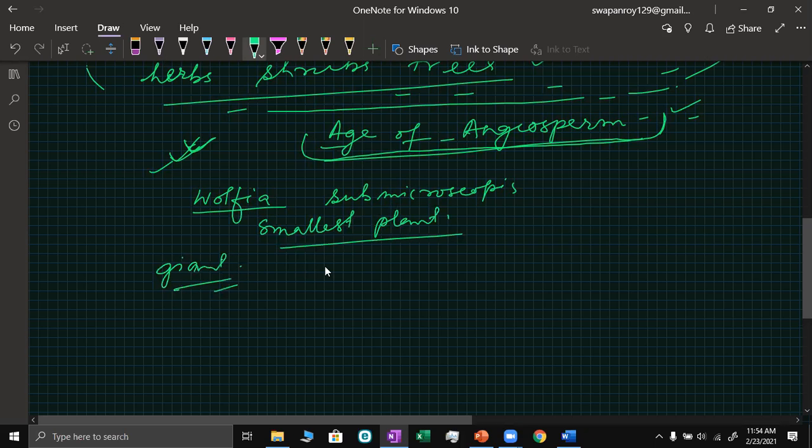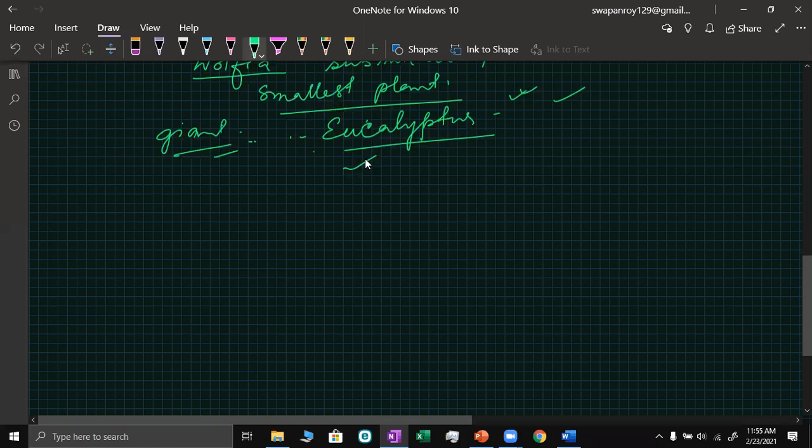The tallest is eucalyptus, and in between there are many. They are very hardy also. They can bear the extremes of the climates. So this way the angiosperm is successfully growing on this earth and changing.